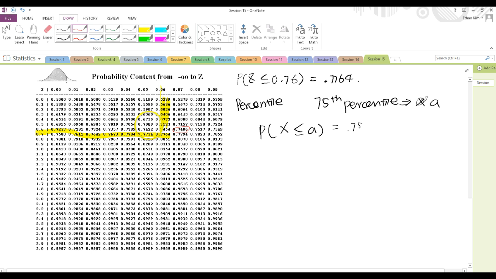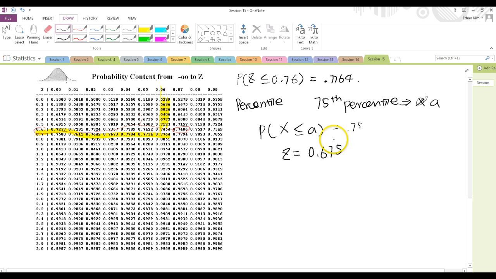So if you go through, this is 0.6, and it's in between 7 and 8. So I would say approximately that z-score would be 0.675.